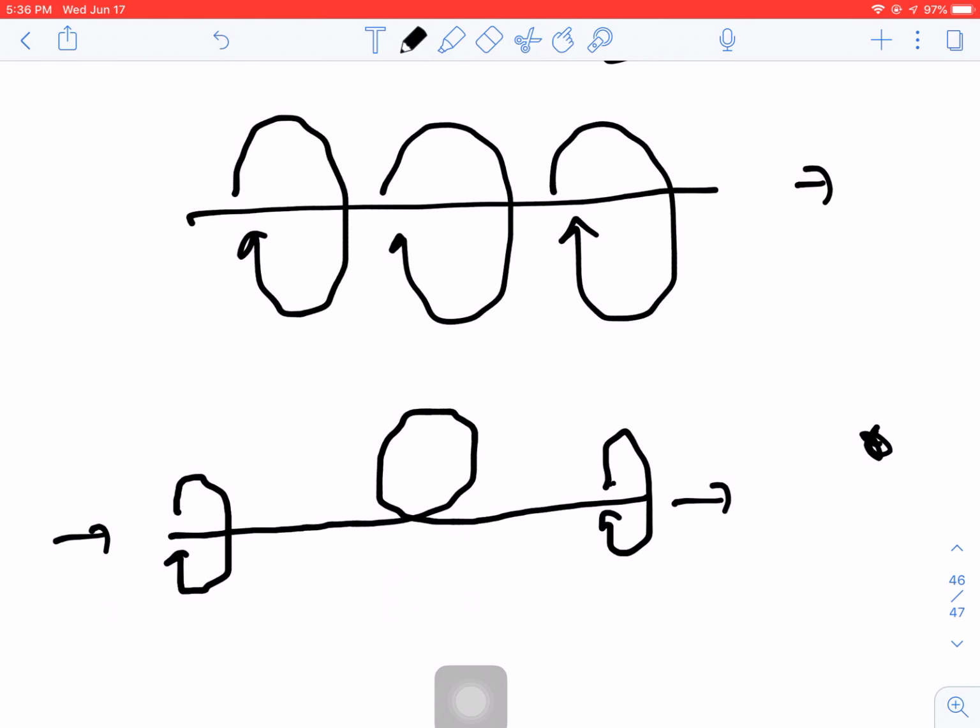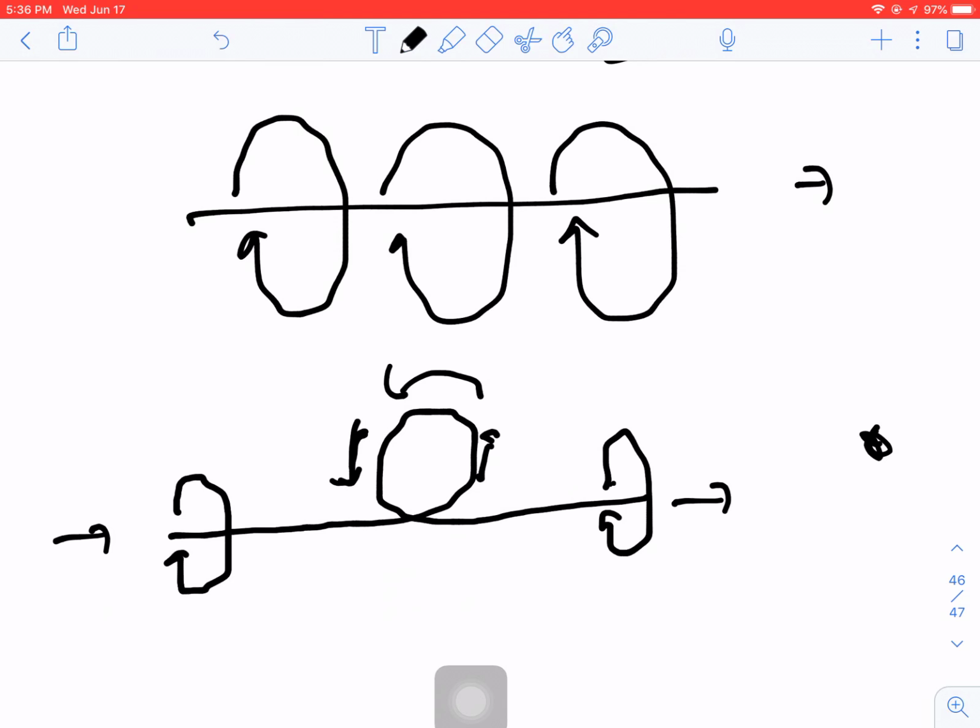And if I turn my iPad another 90 degrees, remember the electrons are going this way. If I show the direction for electron flow at the top, I can see that the magnetic field is coming from the center of the loop out. And if I go to the next side and show the direction for electron flow on this side over here, I can see that it again is coming from the center of the loop out.